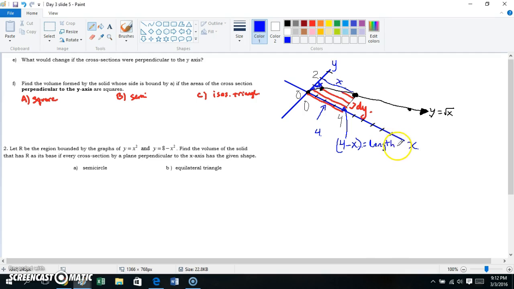But we also know we want to write our lengths in terms of y and not x. So if we solve the equation y equals the square root of x for x, we'll get y squared equals x. So now I can say the length is 4 minus y squared.